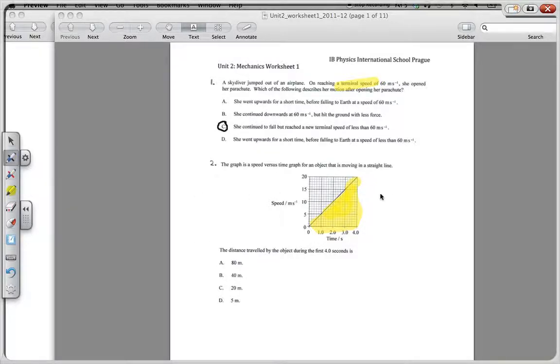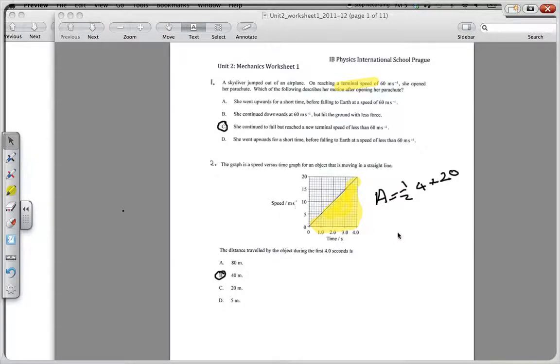So we need to find the area of that. That's going to be 1/2 times 4 times 20, and so obviously that is going to be 40. So we're going to get 40 for that one there.